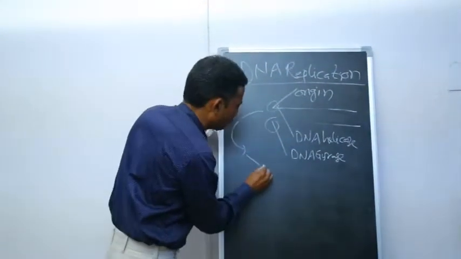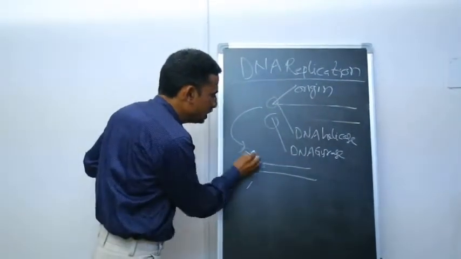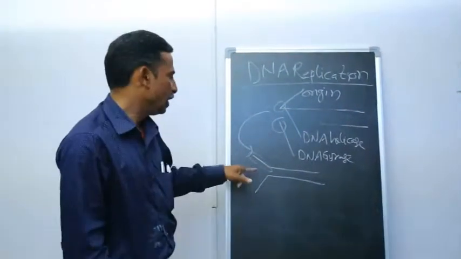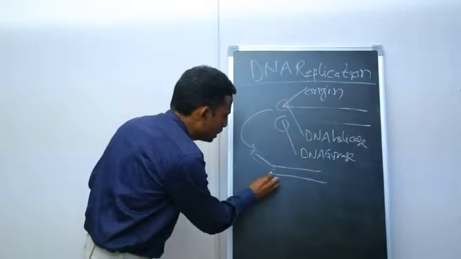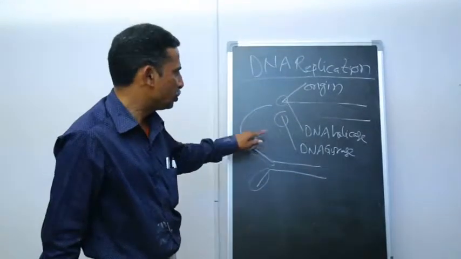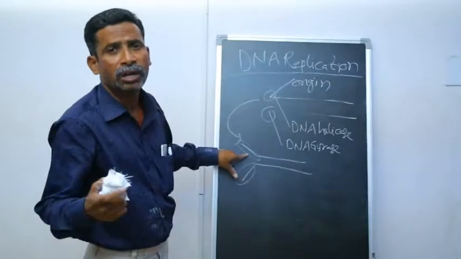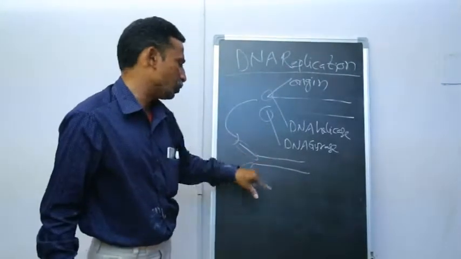This is the Y shape of the DNA fork, and each DNA template contains a Y-shaped DNA fork. So when melting occurs with these two enzymes, it produces two Y-shaped DNA forks.